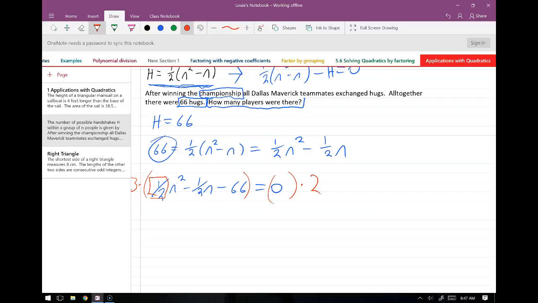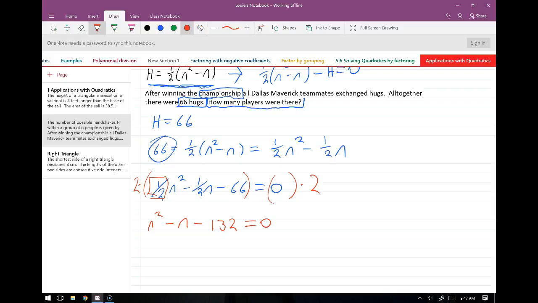We don't like that fraction. Okay, so, whoops, that should not be a 3 there, that should be a 2. So if we go through and multiply everything by 2, then we get n squared minus n minus 132, and that's equal to 2 times 0, which is 0.